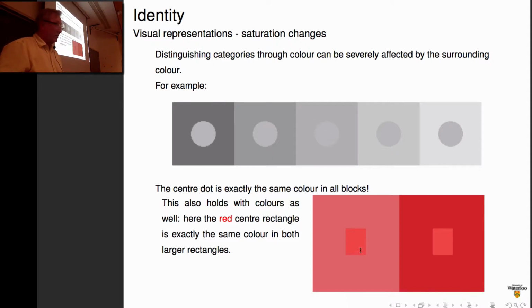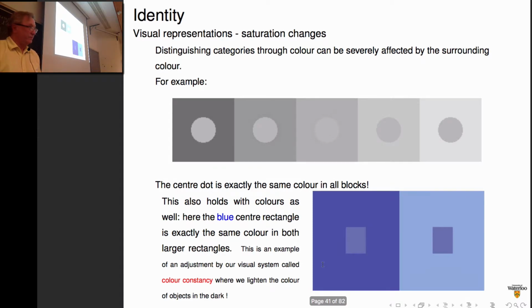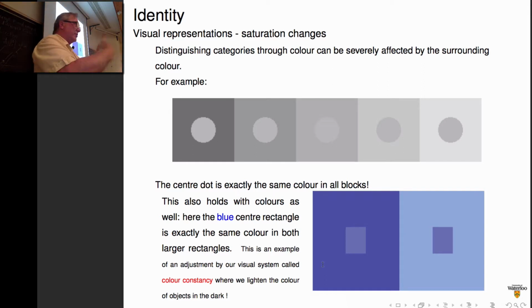And that works with color too. So again, the center rectangle is an identical red color or blue. So the color is going to be affected by the background. You're going to be doing some processing, introducing that contrast and making these two blue rectangles look quite different from each other.